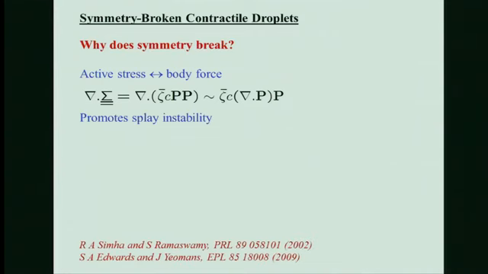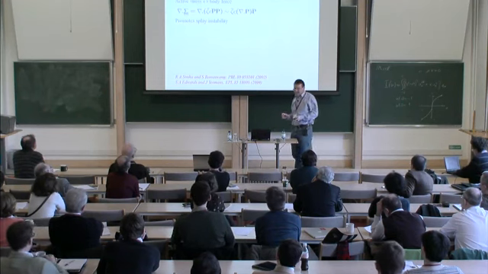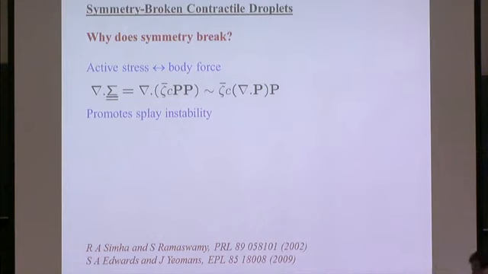But then the next question is, why does the symmetry break like that? And interestingly, it's exactly the same term. It is the active stress which does this. And in fact, it's quite well known in the literature on active liquid crystals, dating back to early work by Simha and Ramaswamy, that the presence of an active stress which looks like pp specifically tends to make you splay.